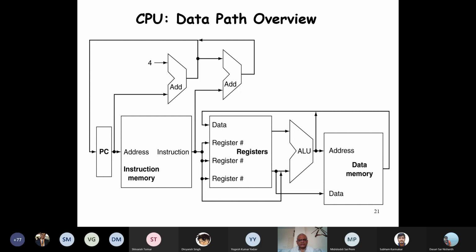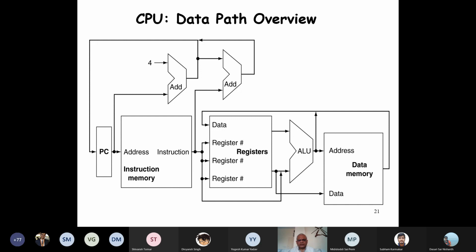And then we use either this or this. And see here, there is another wire coming out here, just coming to the ALU. What is the purpose of this wire? The purpose is that there may be immediate operands, which are not present in the register. One of the operands may be an immediate operand, and that is shown by this line coming out here.